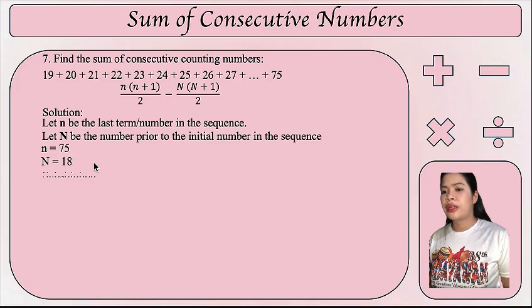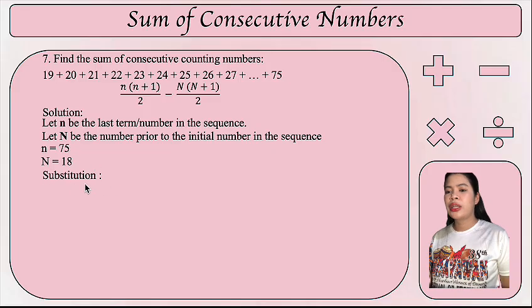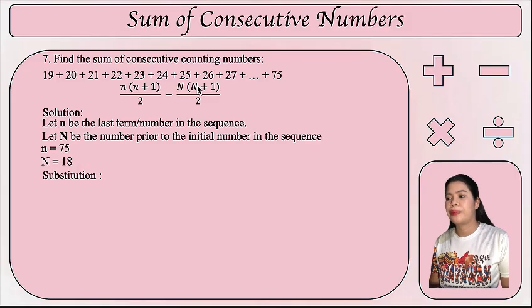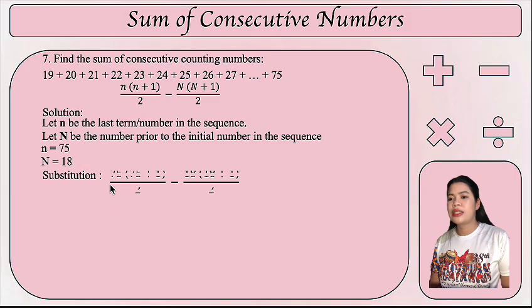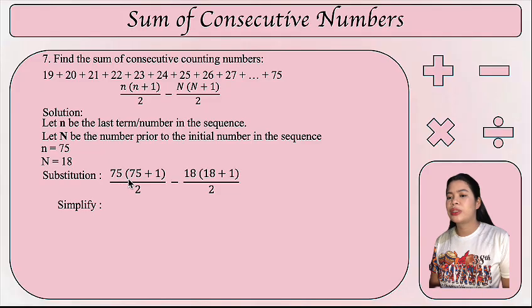So we have here the first step, which is the substitution. We are going to substitute these values to small letter n and big letter N. So we are getting 75 multiplied by 75 plus 1 divided by 2 minus 18 multiplied by 18 plus 1 divided by 2.